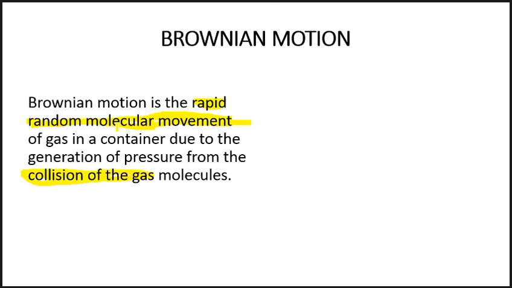He discovered that the particles of matter, of which gas is one, are constantly moving. The second observation he made was that matter is made up of tiny particles, meaning that the size of a particle of matter, which could be a gas, is very, very tiny, very, very small.